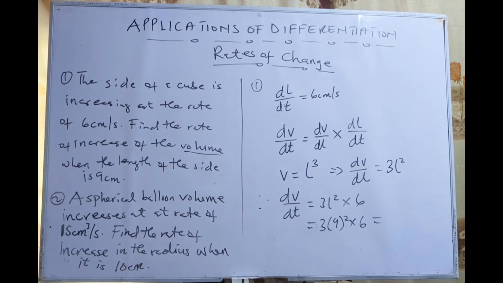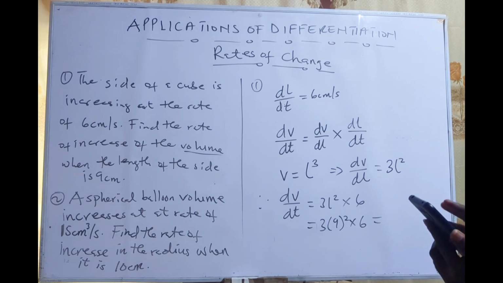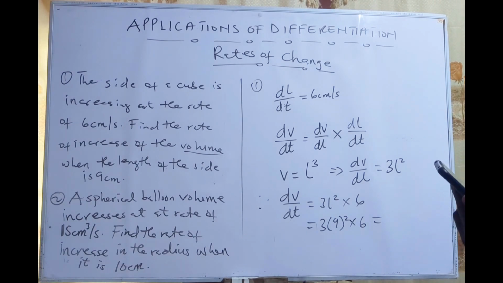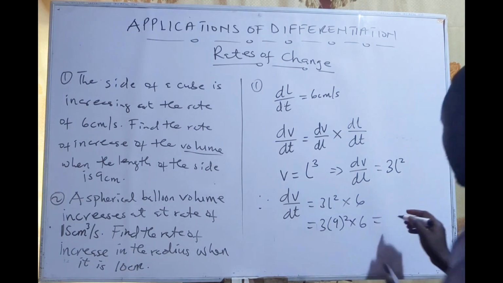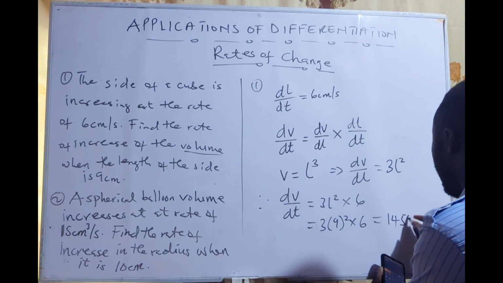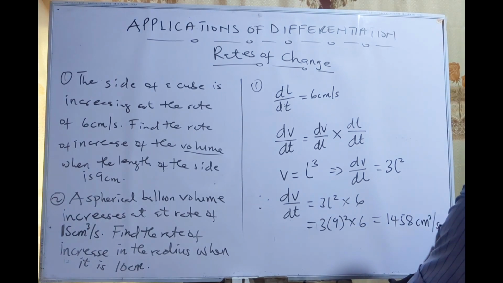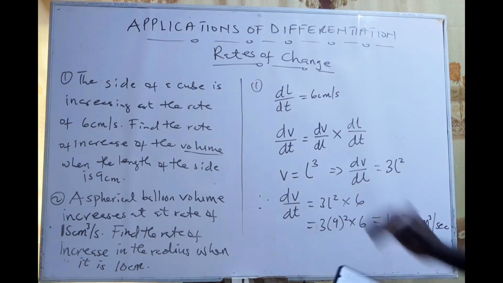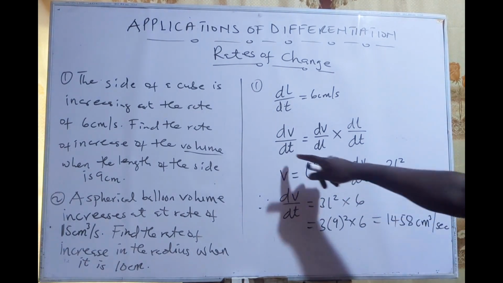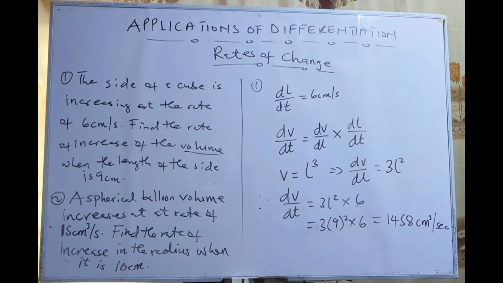You put this on the calculator and you get your answer. 3 by 9 squared times 6 will give us 1458 centimeter cubed per second. It is volume to time, so centimeter cube per second.